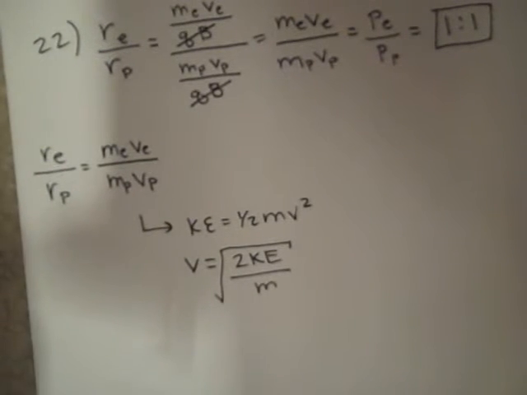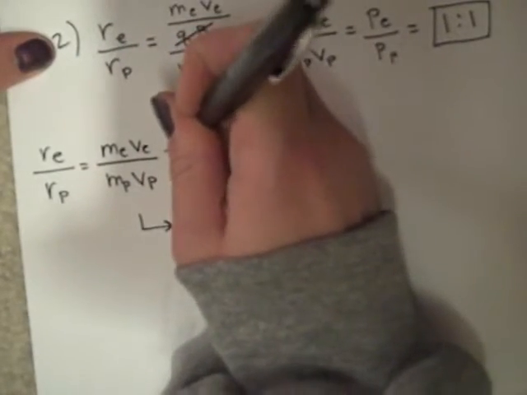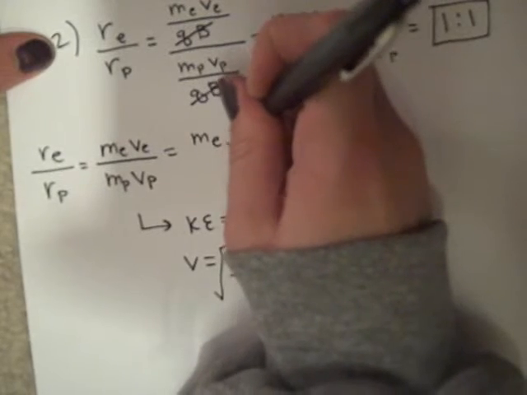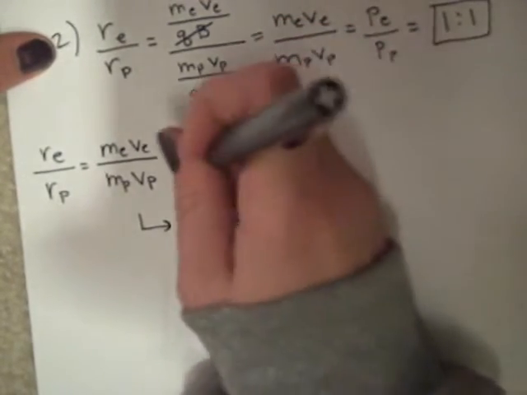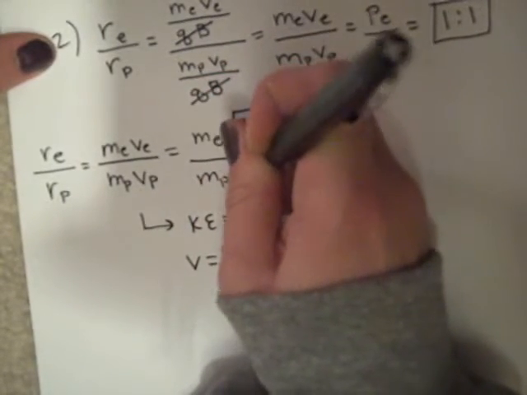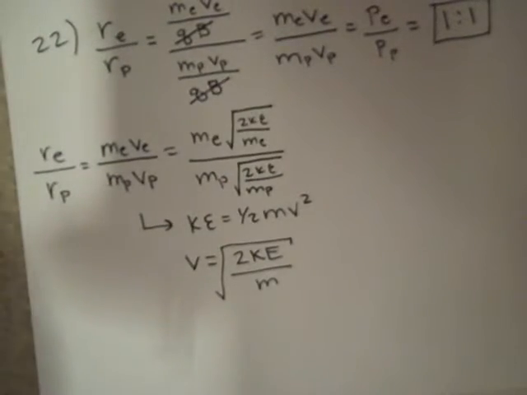So now, substituting that in up here above, what we'll get is, in the numerator, the mass of the electron times the square root of 2ke divided by the mass of the electron, divided by the mass of the proton, times the square root of 2ke divided by the mass of the proton.